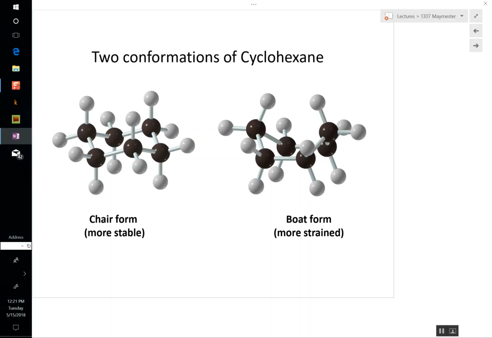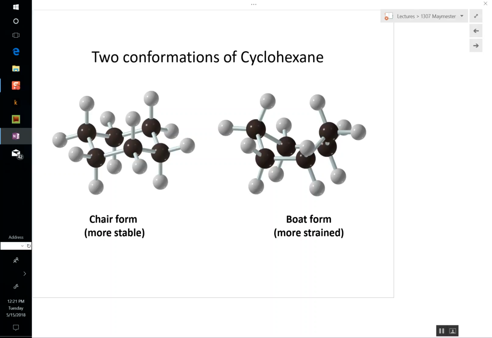It's gotten into a little different conformation. Like, you're sitting, you stand up. Nothing's changed by the way your body's held together. You're just in a different conformation. You're standing, not sitting. This is in a boat, not a chair. A chair is we'll drop one of them down, leave one of them up, and drop one down, and you get a chair conformation.